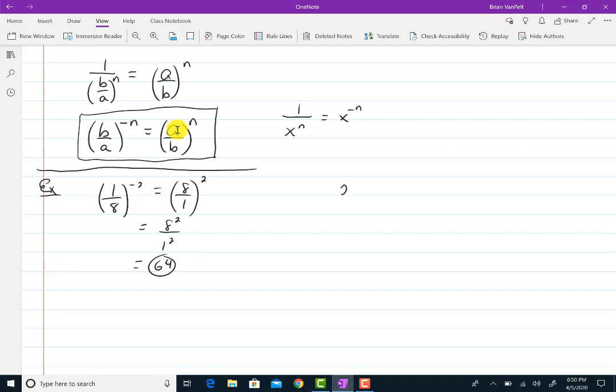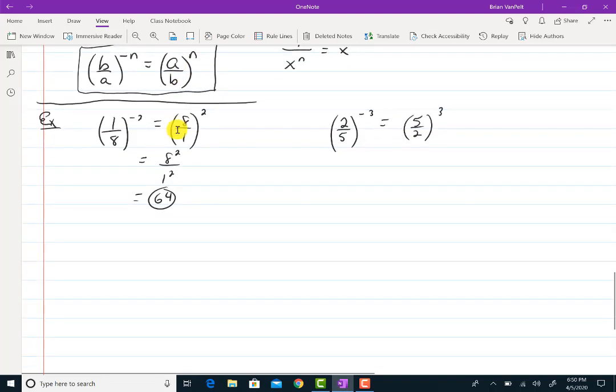If I do 2/5 to the negative 3rd power, according to this new rule, that's 5 halves to the positive 3rd power. And then use our rules from last time to write this as 5 to the 3rd over 2 to the 3rd. And you'll end up with 125 over 8.